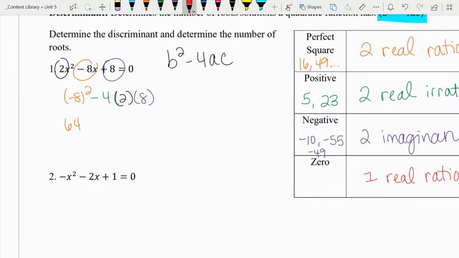I focus on all of this all at once. You don't have to do it this way, but I think about it as negative 4, 2, and 8. So negative 4 times 2 times 8 is negative 64. So we have 64 minus 64. That obviously is 0. So if we look at our chart, that means that we have 1 real rational.